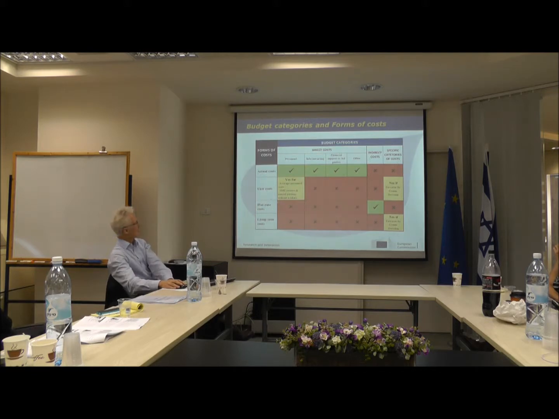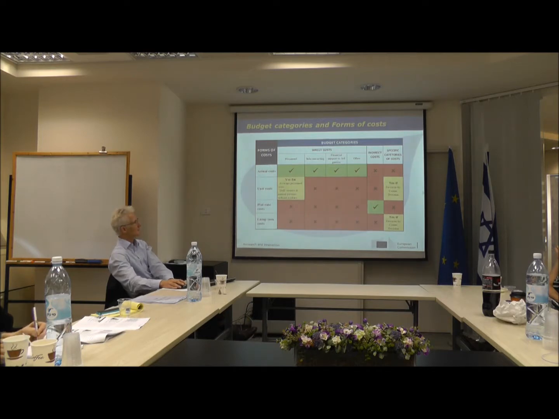Unit costs are basically there for the personnel, meaning SME owners, or you use your organization-specific scales, which is called the average personnel cost. It's also a form of unit cost. And unit costs are available in some special actions where they are predefined in the work program.